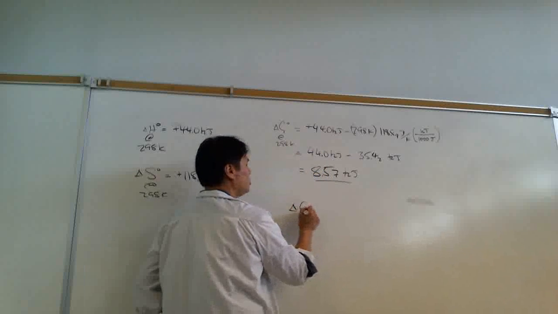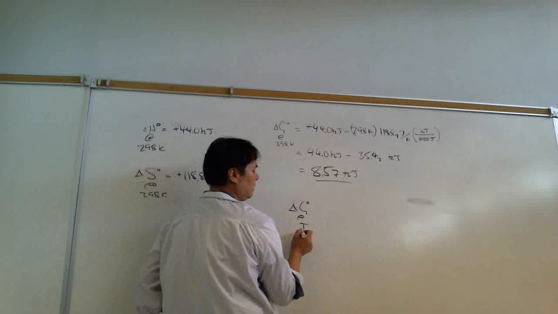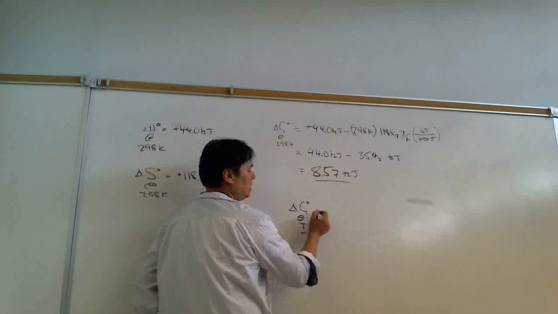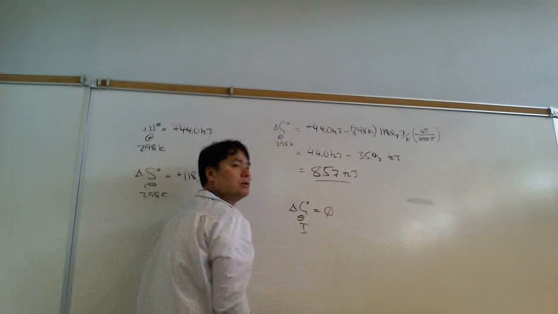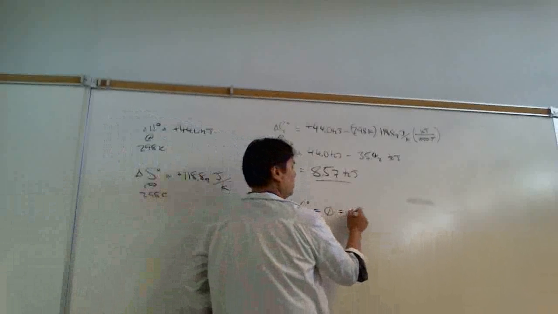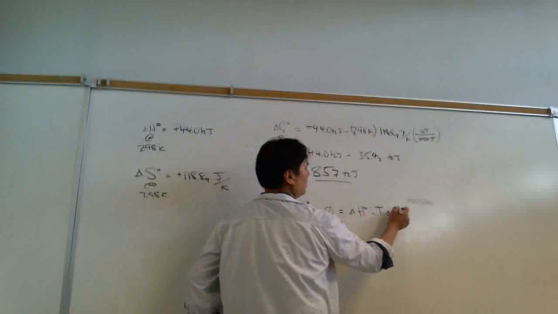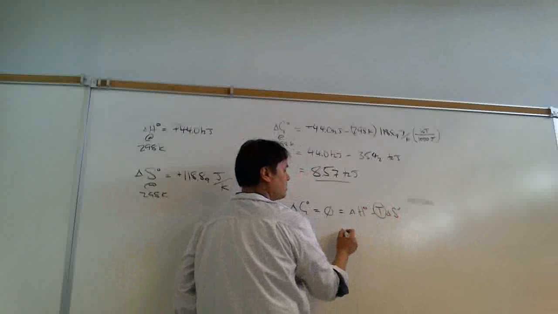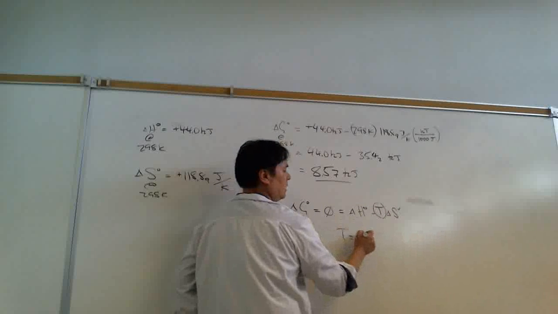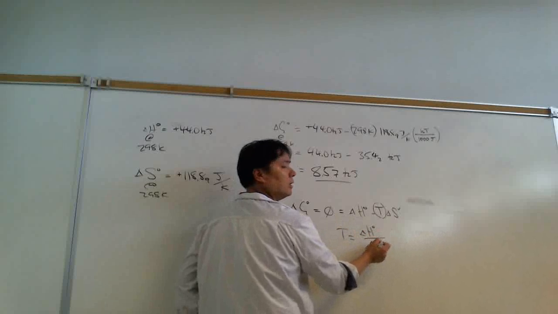We want delta G naught at temperature T, which is no longer 298 Kelvin, to equal 0. We just have to figure out what that temperature T is. This is going to equal delta H naught minus T delta S naught. Solving for the temperature, T is just going to equal delta H naught over delta S naught.